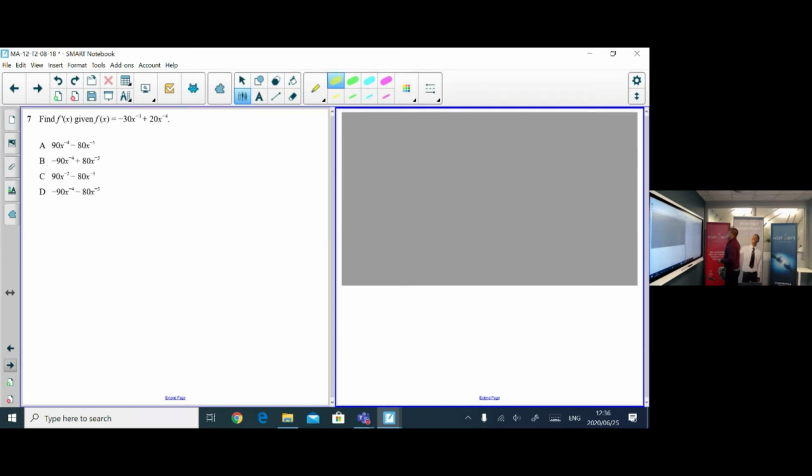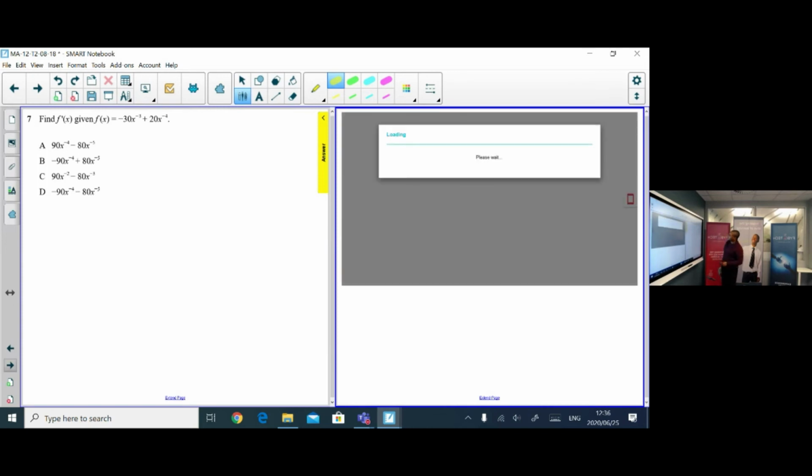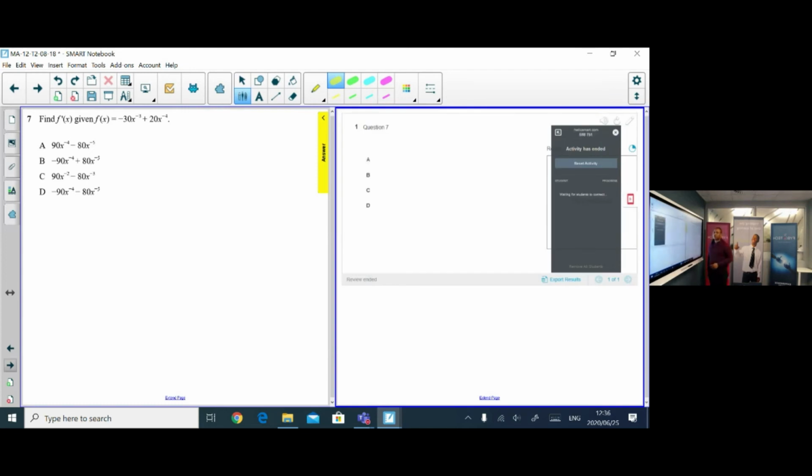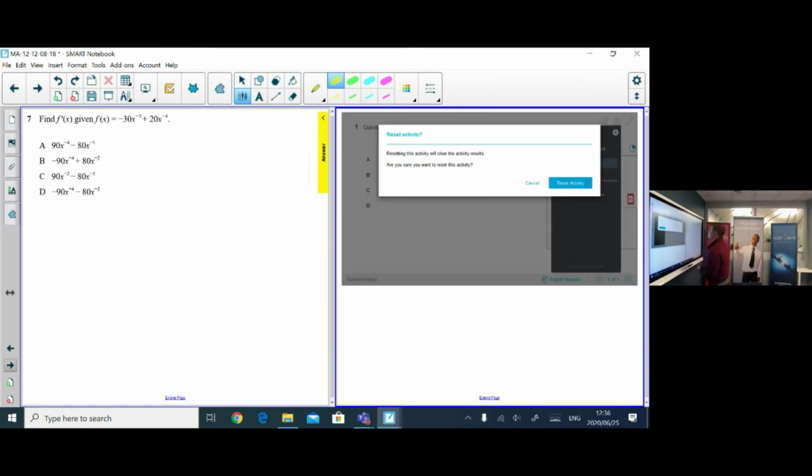So there you go. Find the first derivative of 30x to the exponent -3 plus 20x to the exponent -4. You are going to check what you can do with that.